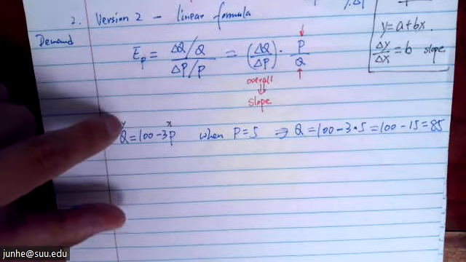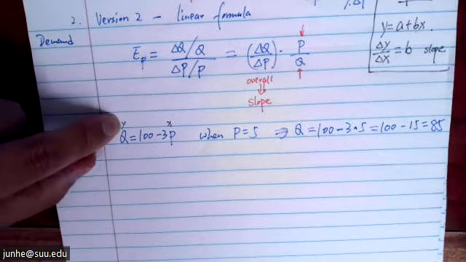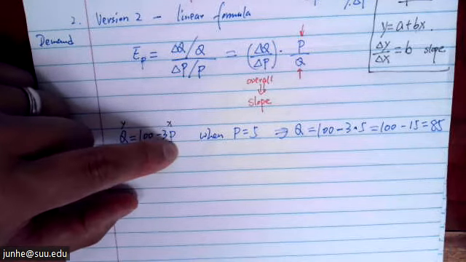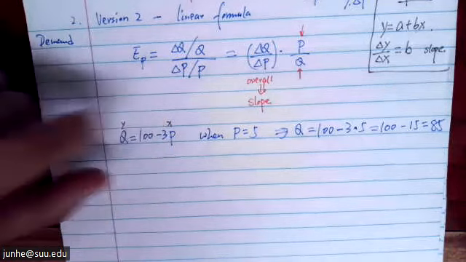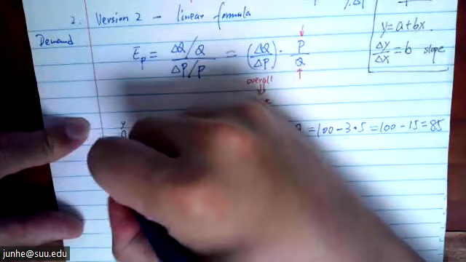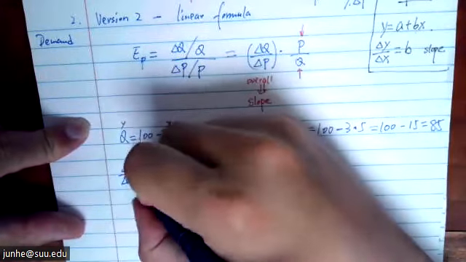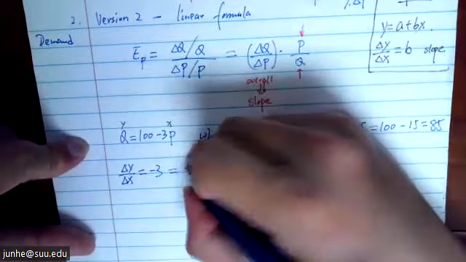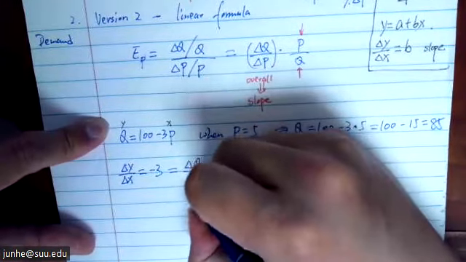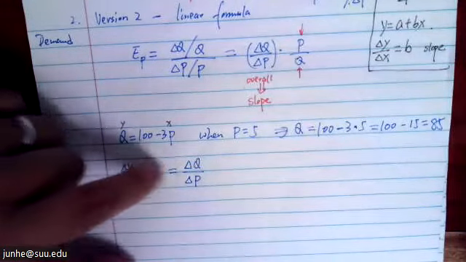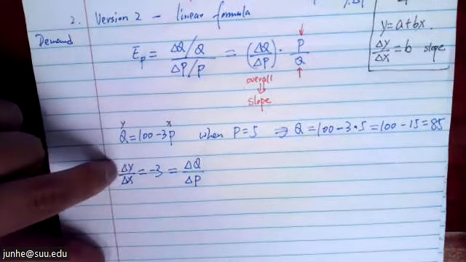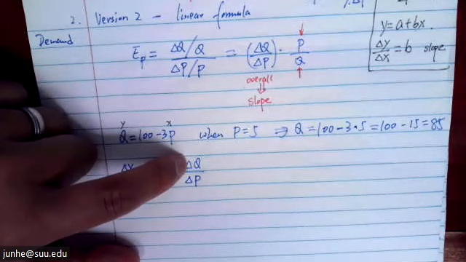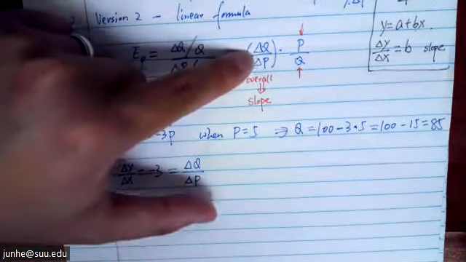Your Q is the dependent variable, namely in the position of y, and P is the independent variable in the position of x. So delta y over delta x, which is the slope, is supposed to be minus 3, and in this case your y is Q, your x is P. We just need to replace the letter after the delta sign. So here, delta Q over delta P is minus 3.